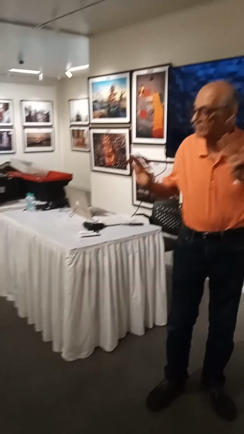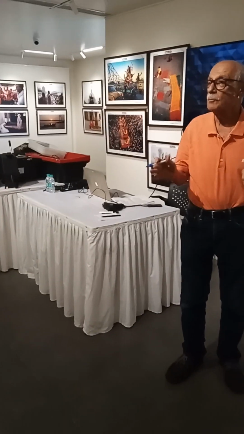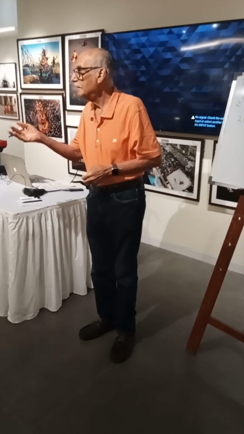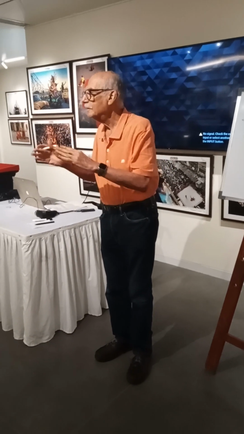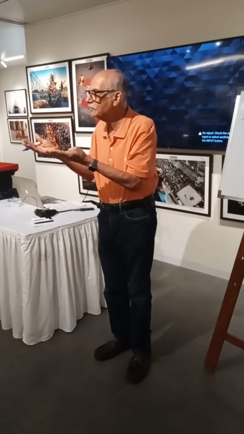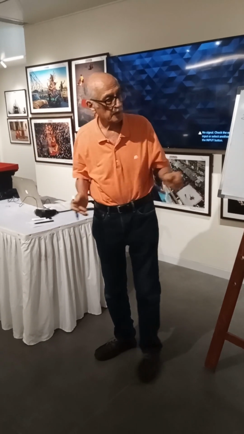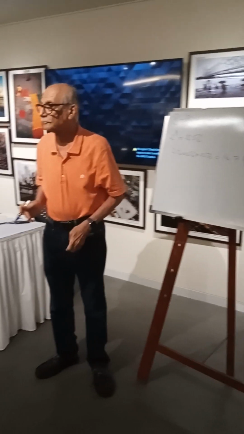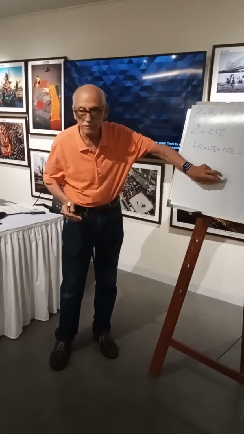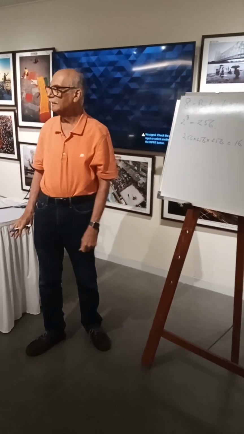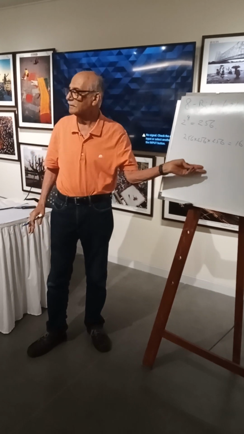16.7 million colors. But supposing you are not shooting in color, you are shooting in black and white. Where is the color? So we don't call them colors, we say values. It could be shades of black and white, it could be colors. Why possible? If you want to photograph this whiteboard, will you get 16.7 million? No, because there is no color here.